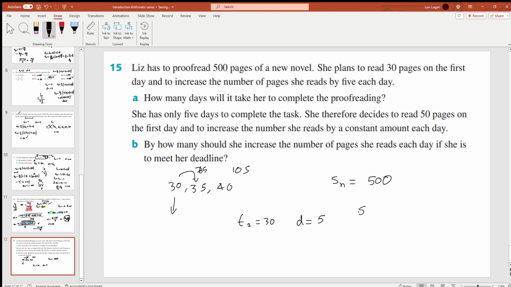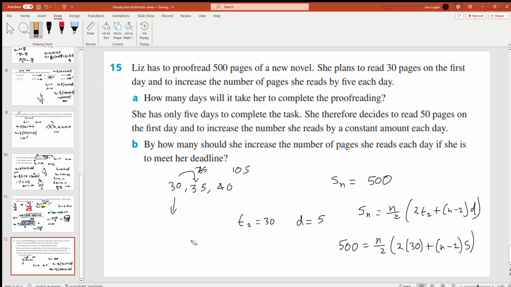So S of n is n over 2, 2 times the first term plus n minus 1 times d. So 500 equals n over 2, 2 times 30 plus n minus 1 times 5. Okay, we're going to get another quadratic.